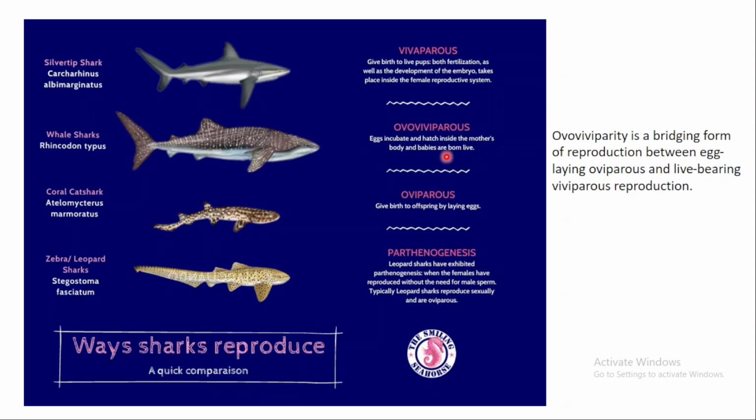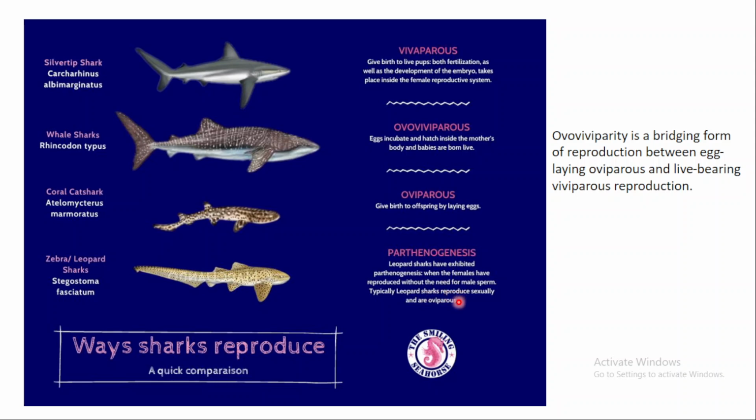So they have eggs laid inside the female body, it develops inside the female body, and the newborns are live pups given birth. And parthenogenesis is another way of reproduction in which females have reproduced without the need of male sperm. So we have a zygote derived from a diploid structure, and parthenogenesis means they do not need sexual reproduction or male sperm to generate the offspring.